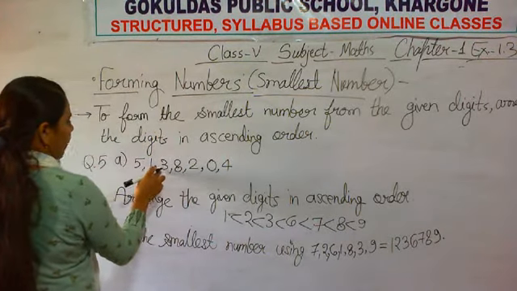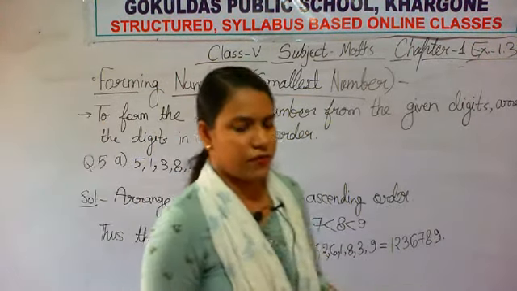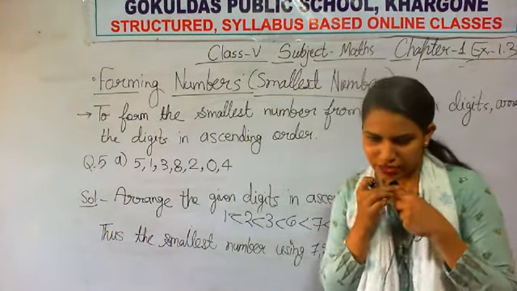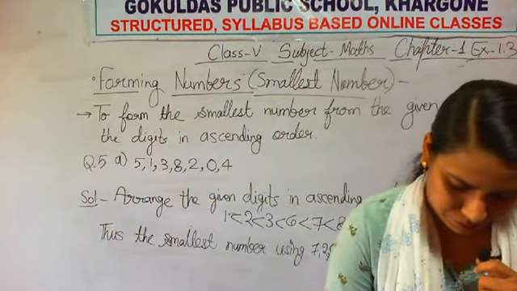Seven digits are given, and by using these 7 digits, you want to form the smallest number.